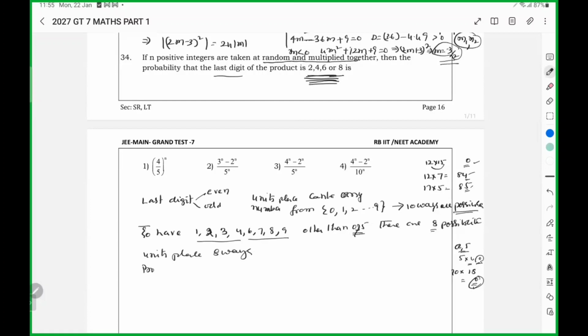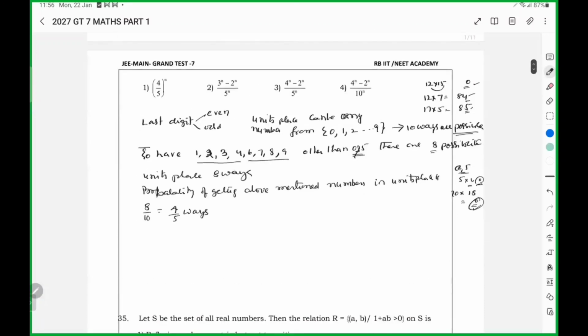So the probability of getting the above mentioned numbers in the units place is 8 by 10, 4 by 5. This is not only for this case; maybe there are 3 digits, or 5 digits, any digit number. Here it may be any digit.